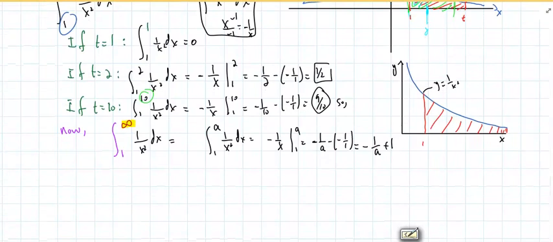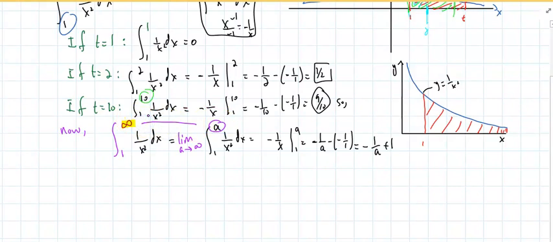And if I take the limit as a approaches infinity, well, hey, that's kind of resembling the same idea.